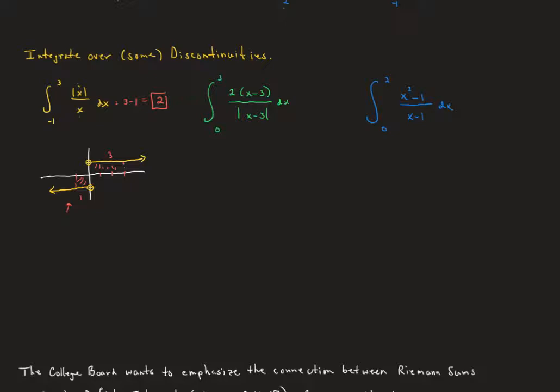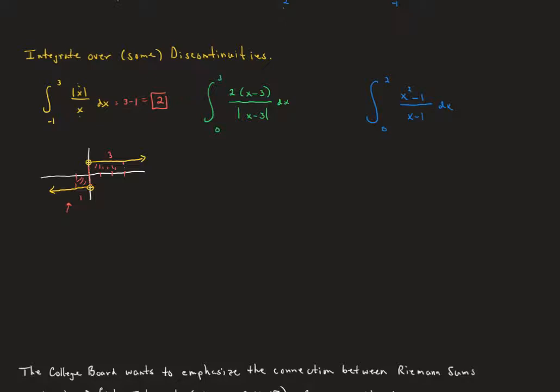So the area that we are missing underneath a single point is negligible. Since a point has no size, there's no area underneath just that one point. So we don't have to really worry about it.